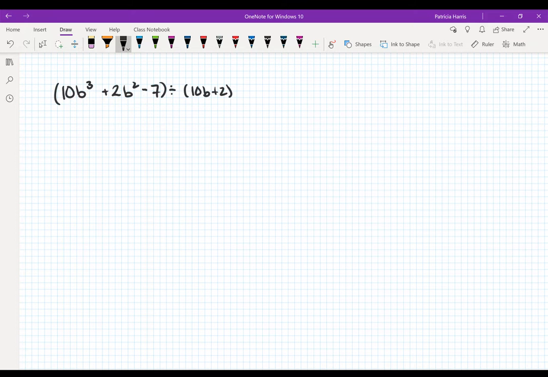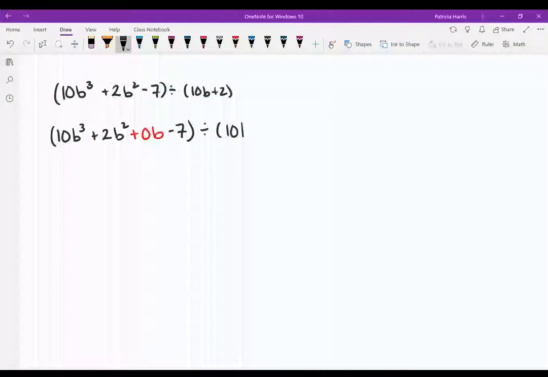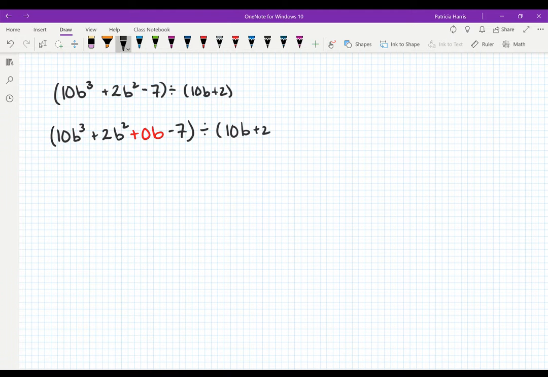All right, now you'll notice that with this one, I have b cubed, b squared, but I don't have a linear term. So I'm going to need to put in a placeholder. Okay, what that's going to look like, it's going to look like this. Right?